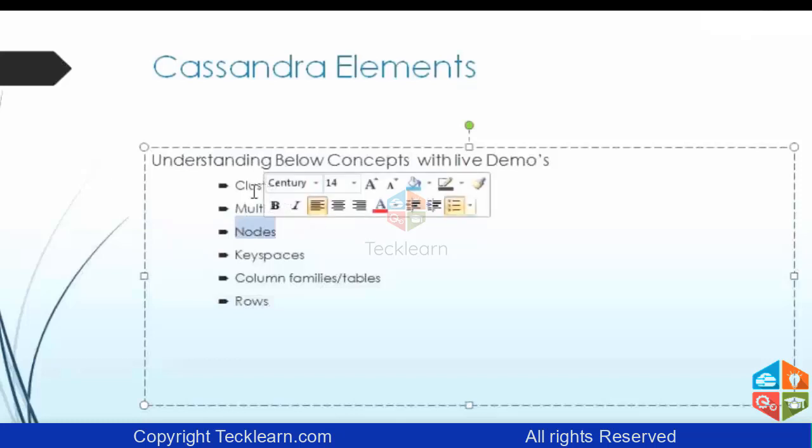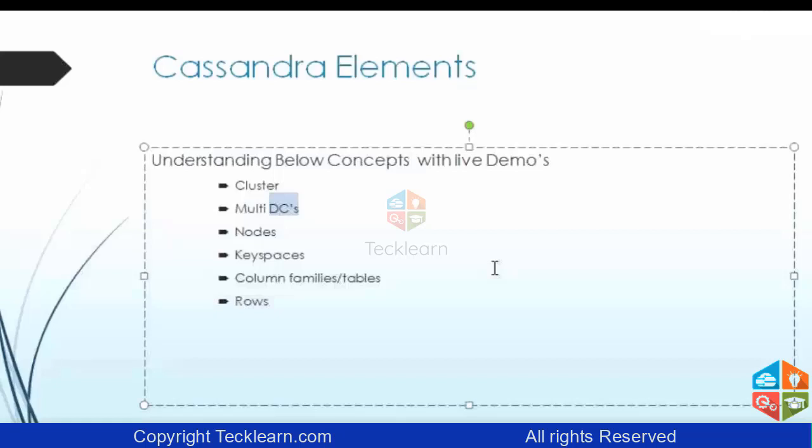When we say data center, this is one of the facilities that Cassandra offers, a concept used for recovery purposes in case of disasters, such as natural disasters. How can we recover from that?